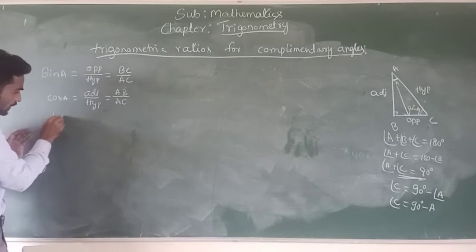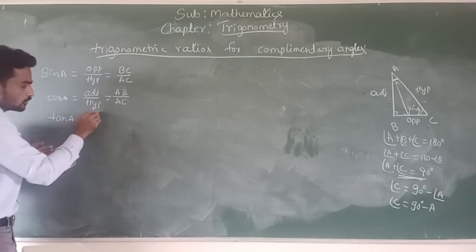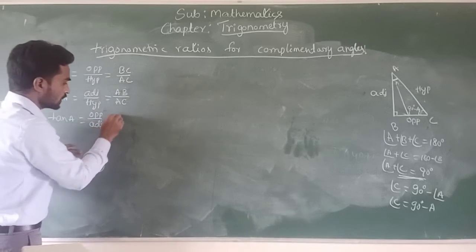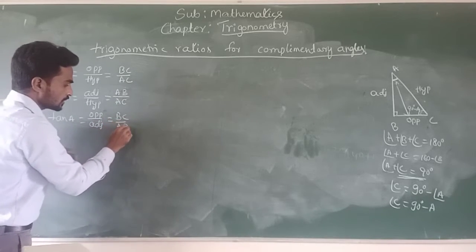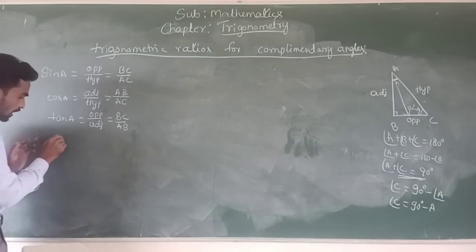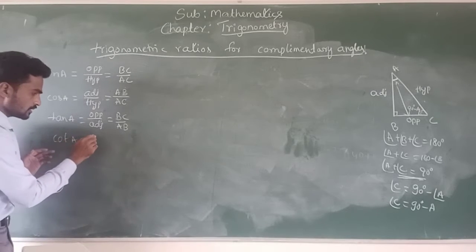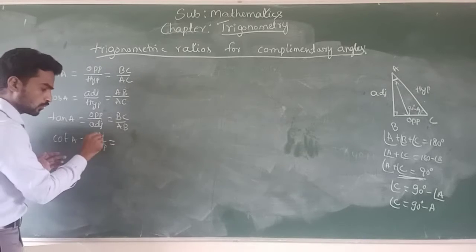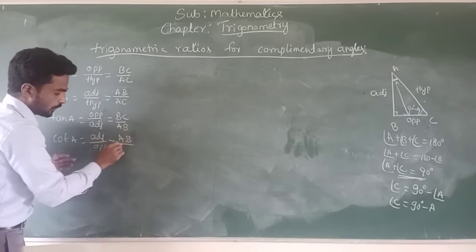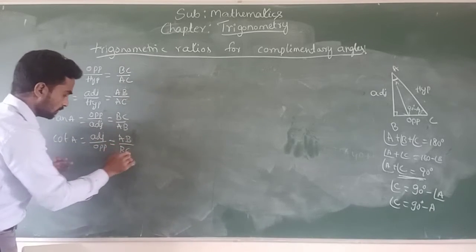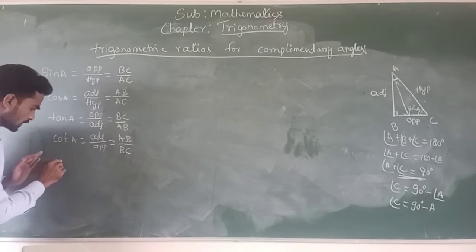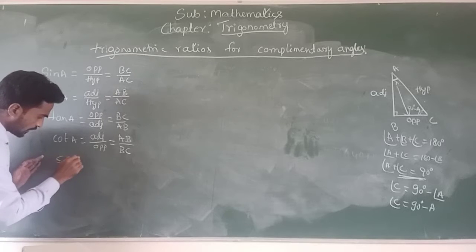Then tan A is equal to opposite divided by adjacent, that is BC by AB. Cot A is equal to adjacent divided by opposite, that is AB by BC.